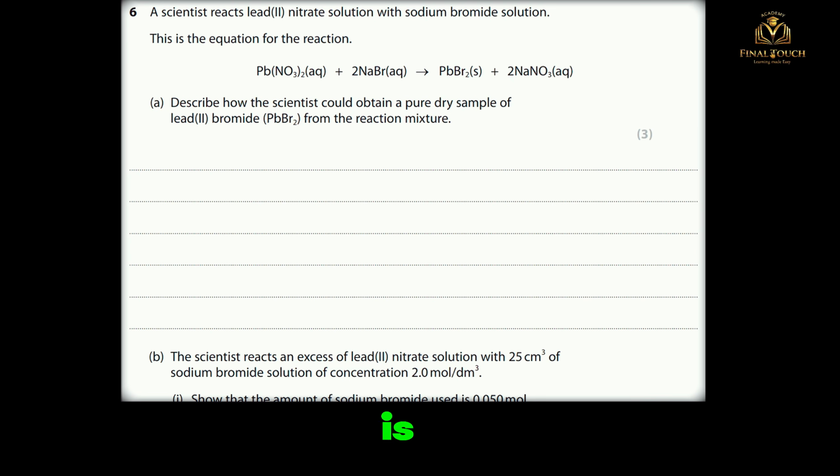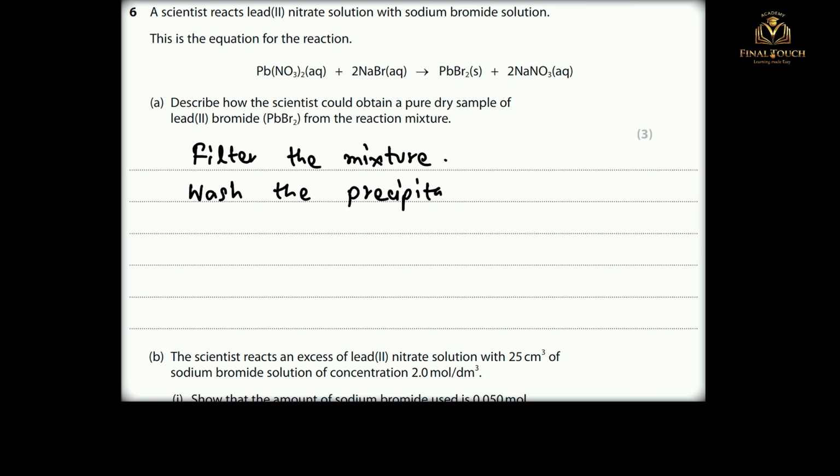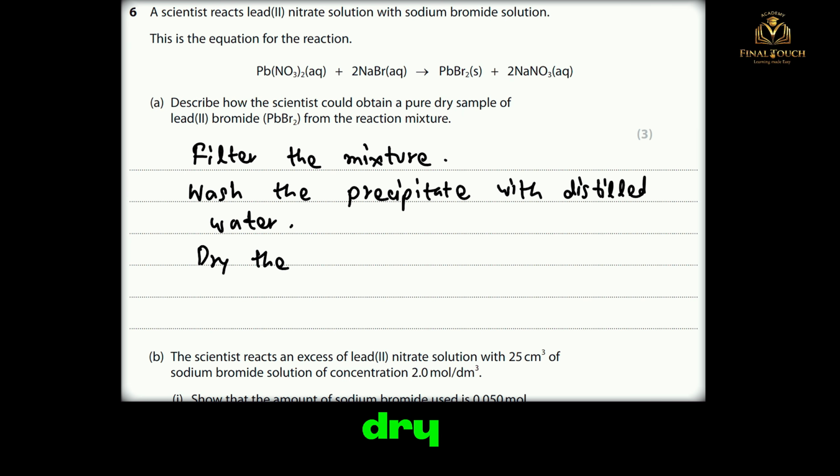So the first part is to filter the mixture, then wash the precipitate that is formed with distilled water, and then dry the precipitate in a dry oven or warm oven.